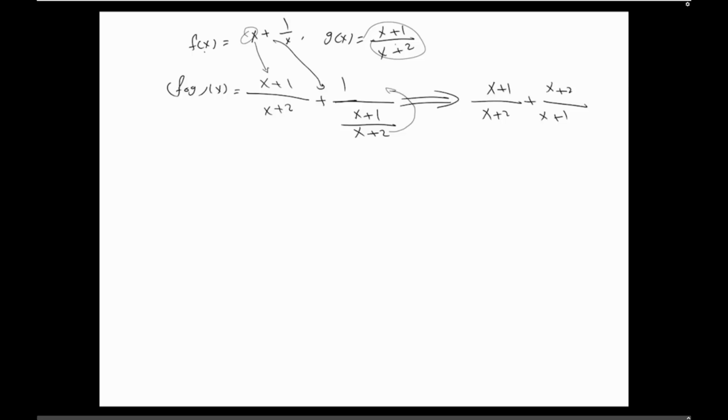After that, we're gonna combine these two to get one denominator instead of two, and we will get a value like this.